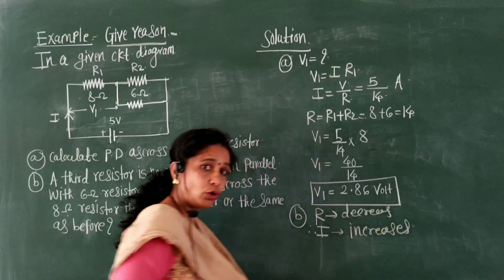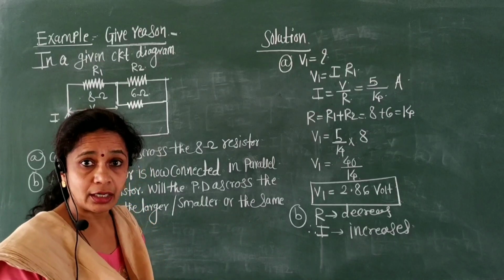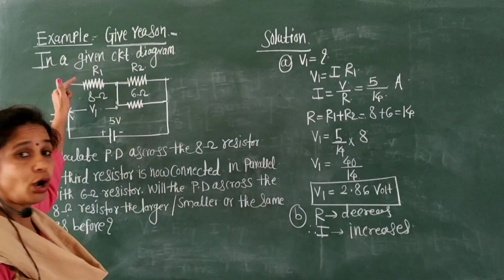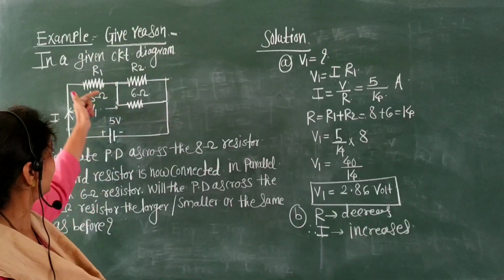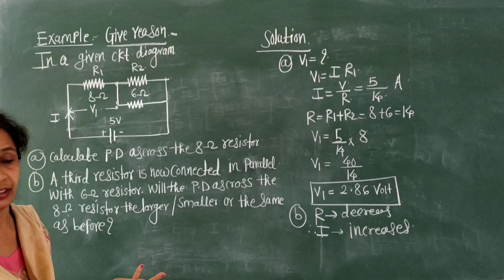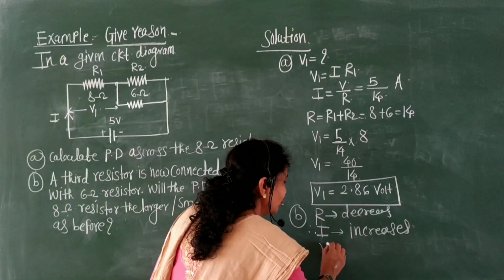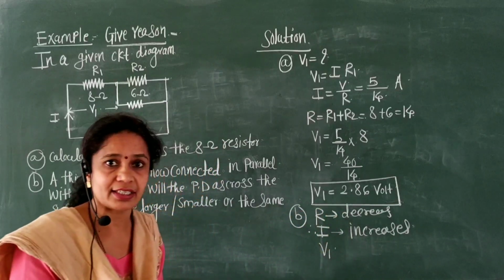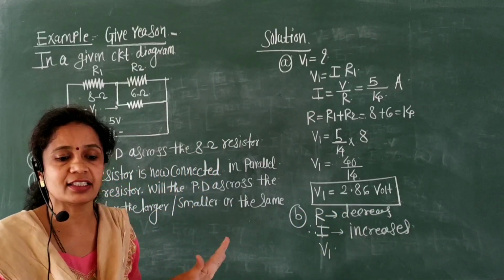According to Ohm's law, as the current through the system increases, the value of potential across the 8 ohm resistor also increases. As I increases, V1, the first potential which was 2.86, will no longer remain 2.86.